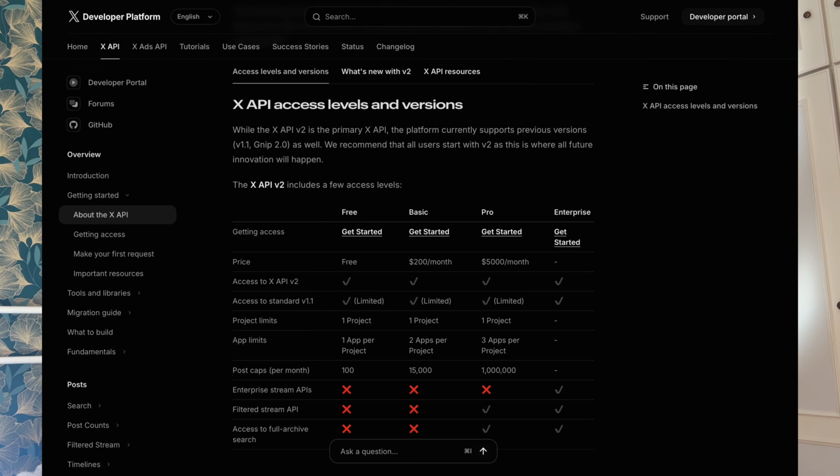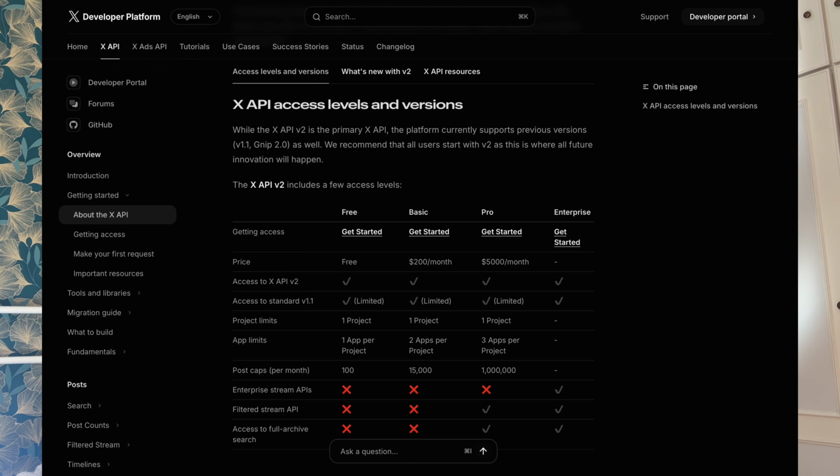Now, to really understand why this is such a big deal, let's look at how the old pricing worked. Under the previous system, there were basically 3 tiers. The first one was a free tier, extremely limited, barely useful for any real project. Then there is a basic tier at $200 per month that gave you just enough access for small testing or simple automations.